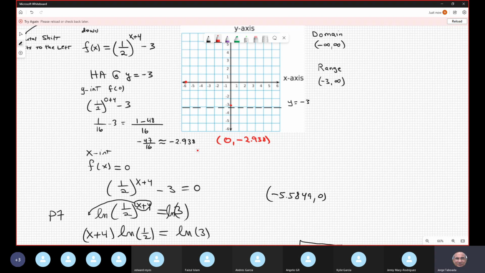And this exponential is decay, no? It's decay. So this exponential looks like that, I suppose. To make sure, let's check it with technology.